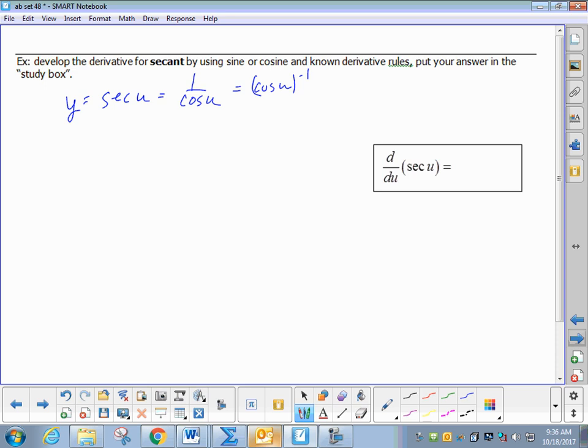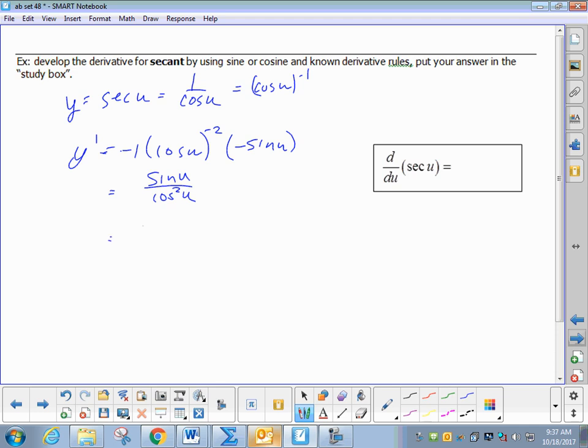Either way, say I use the chain rule. Y prime is, derivative of the outside is negative 1, dropping to the negative 2. Derivative of the inside is negative sine u, which would become something like sine u over cosine squared u. The negatives would drop away. That's a fine derivative, and yet not the typical form.